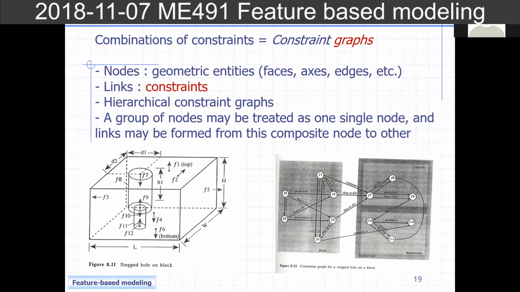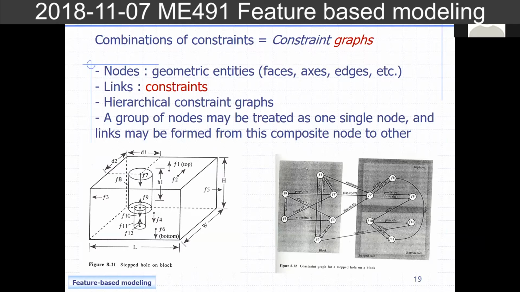And then we can draw a graph based on a set of constraints. Generally, we are saying there are nodes and links in any graph. But here, the graph is specialized to represent constraints. So links are used for representing constraints, and nodes are used for geometric entities.